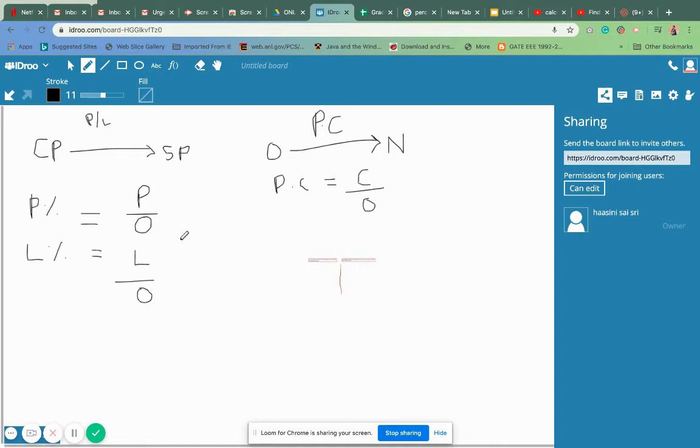Let's take a clear look at the profit percent and the loss percent by using examples.